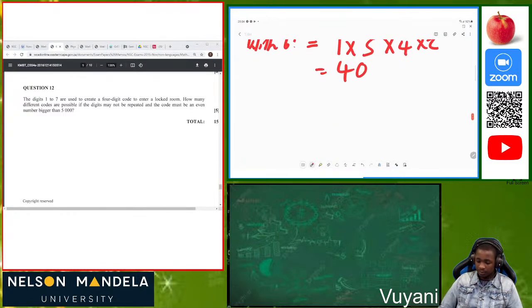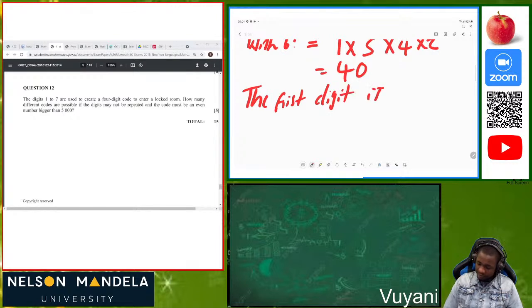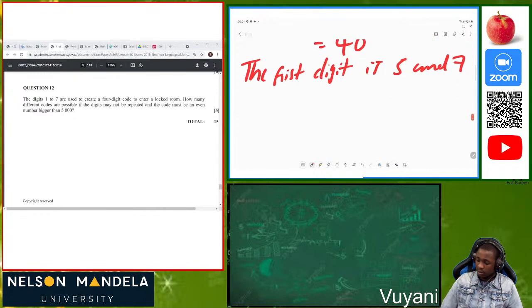Now, if the first digit is 5 or 7, let's not use and, let's use or. If it's 5 or 7, what's going to happen?